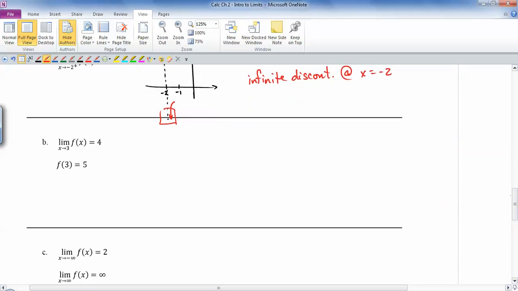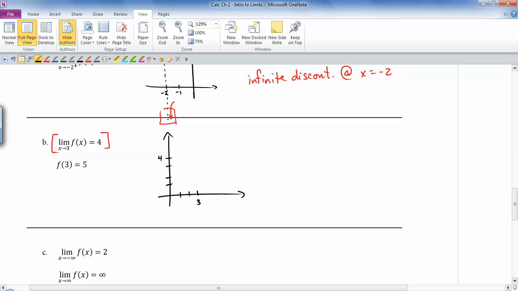Okay, so B says the limit as x goes to 3 of some function equals 4. So let's just deal with this first. As x goes to 3, these are all first quadrant stuff. So as x goes to 3, 1, 2, 3, the y value goes to 4.